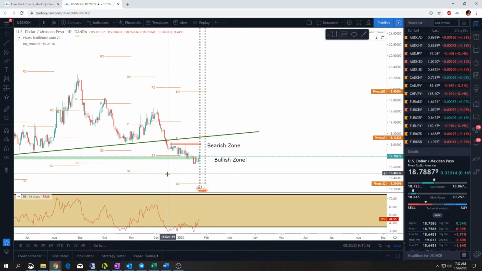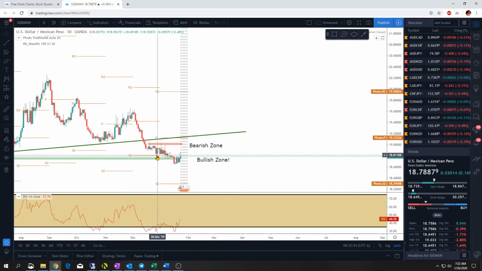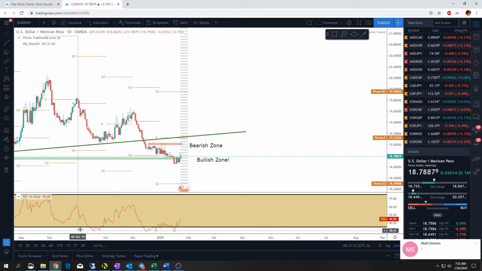Now, however, we hit this S2, and you can see it pulled all the way up to this area. Didn't quite hit that pivot yet, and that was our profit target from hitting S2. Was this pivot line? We haven't gotten there yet, so I like this to still try to push up and at least touch that pivot before it shoots all the way down.